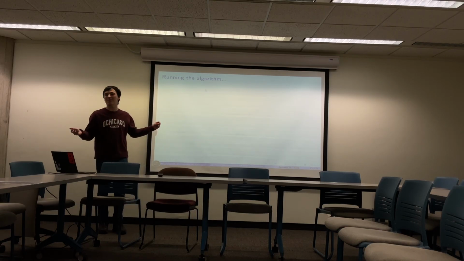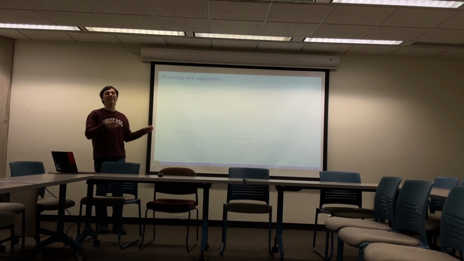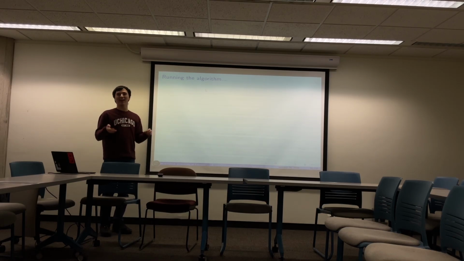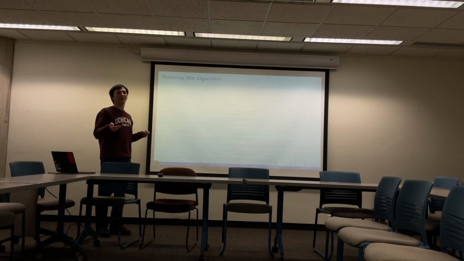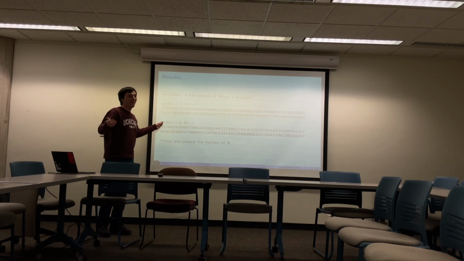Okay, so you got a pretty even mix of heads and tails. And so this means there are peaks at 0 and 1/2. And if we find the common denominator that matches, we know the period, we know R has to be 2. And so incredibly, A has period 2.